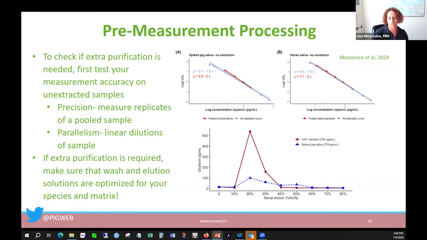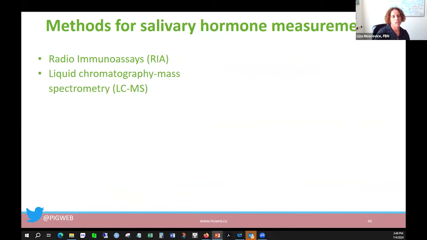And you want an elution solution that's eluting all of the oxytocin but not getting stronger than that, so we use a 60% elution solution, which elutes all of the oxytocin in our saliva. You can check this yourself, and this is from a publication describing how we check that.